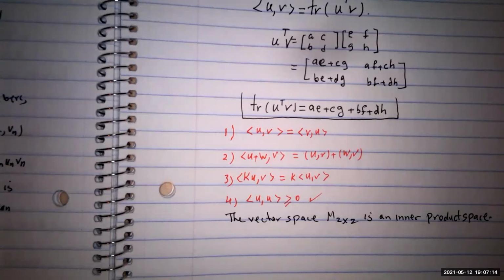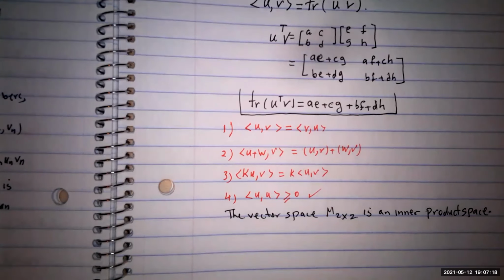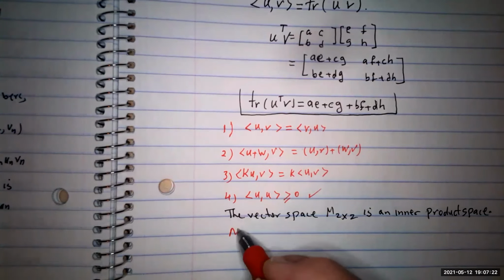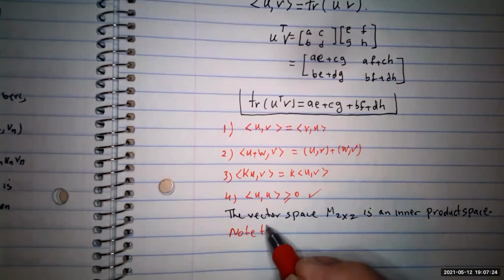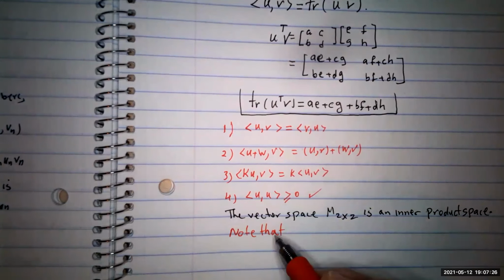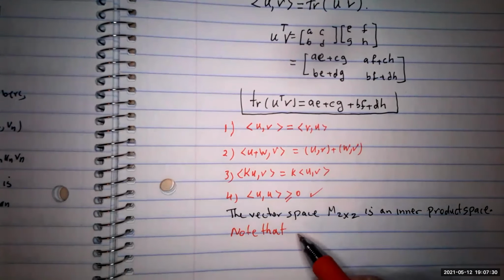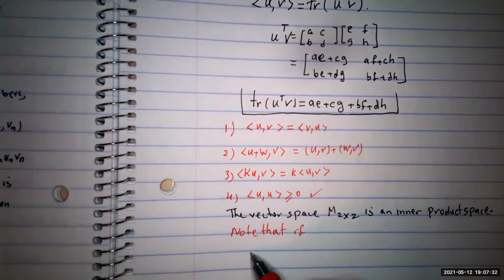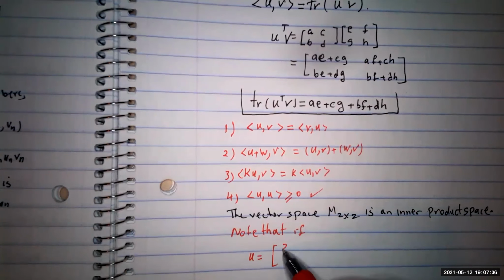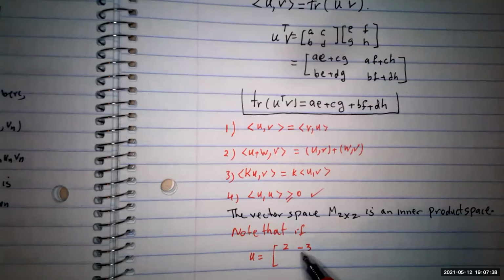So for example, if you want to multiply two matrices with this condition, and u is equal to a matrix, you have some in your assignment that ask you to do it.